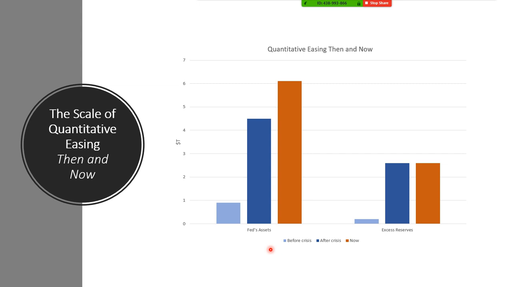So the Fed's assets prior to the crisis were about 0.9 trillion. After the crisis, it was closer to about 4.5 trillion. Currently, the Fed's assets are roughly $6 trillion. So we can somewhat see the scale of this crisis just by virtue of the Fed's assets or balance sheet. Over on the right, we have the level of excess reserves in the economy.